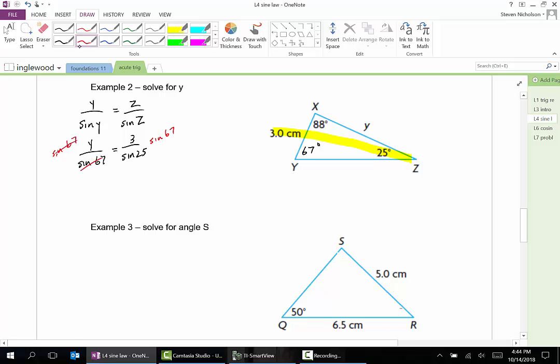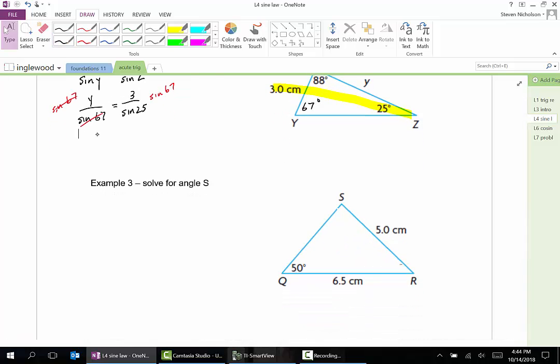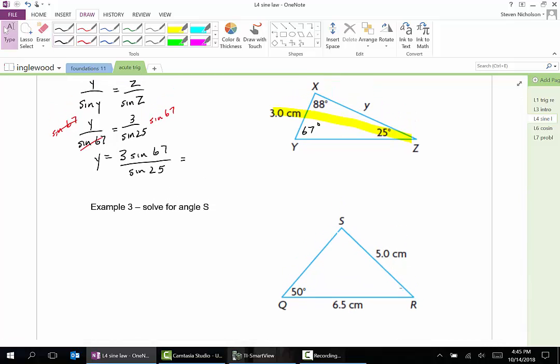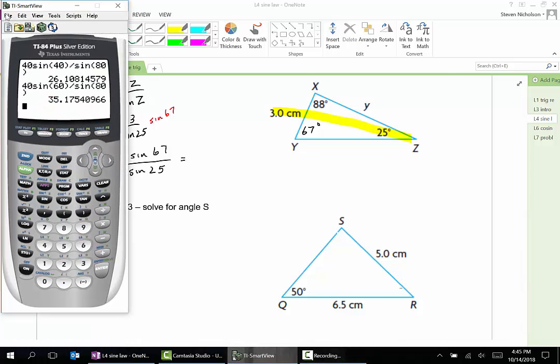And again, what we end up with is y equals 3 times the sine of 67 over the sine of 25. And that's going to equal a number bigger than 3, right? 25 degrees is the smallest angle, so the answer to this question has to be bigger than 3. It's a way to check our answer.